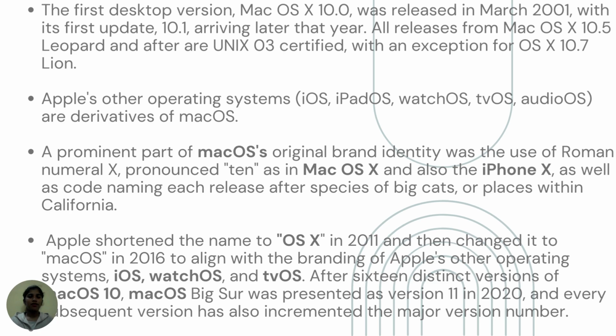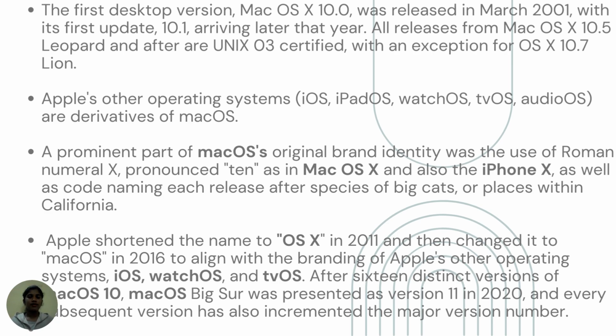The prominent part of Mac OS's original brand identity was the use of the Roman numeral X, pronounced as 10, as in Mac OS 10 and also the iPhone 10, as well as codenaming each release after a species of big cat or places within California.